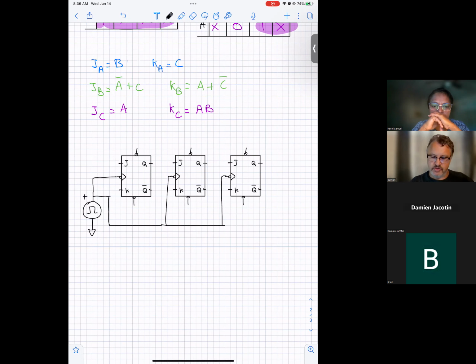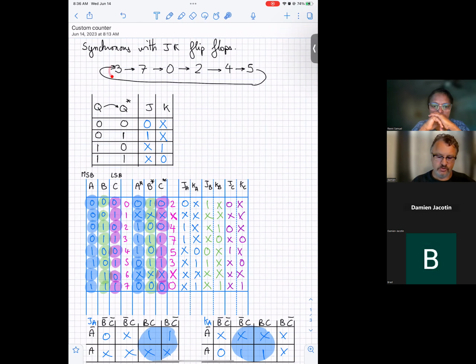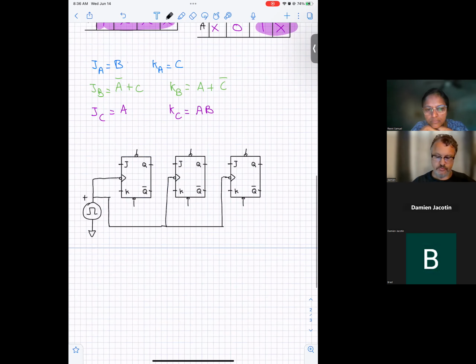Now, in the design of this example, we see that you mentioned that you wanted the count to start at 3 right here. So I'm going to force it to start at 3. Okay. So 3 in decimal, as you know, is 0, 1, 1 in binary.